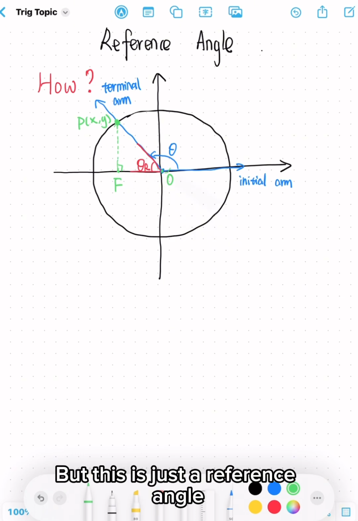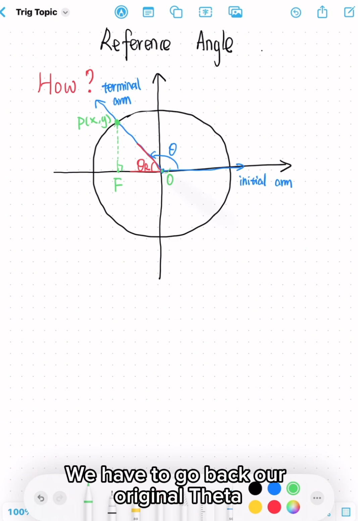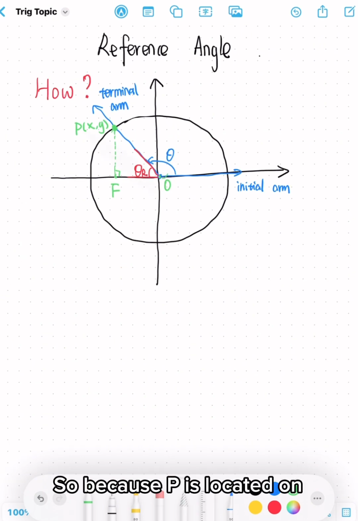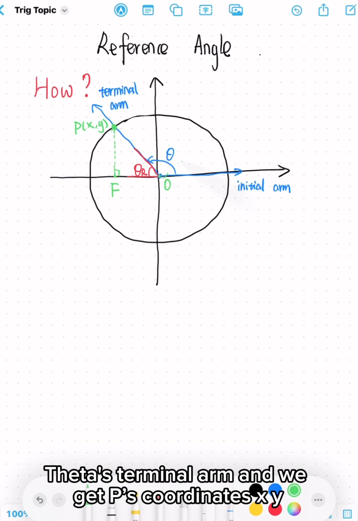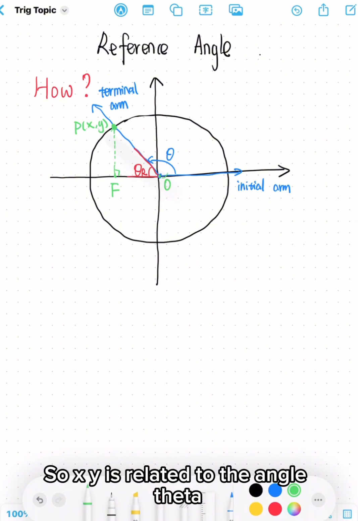But this is just a reference angle. We have to go back to our original theta. Because P is located on theta's terminal arm and P's coordinate is (x, y), (x, y) is related to the angle theta.